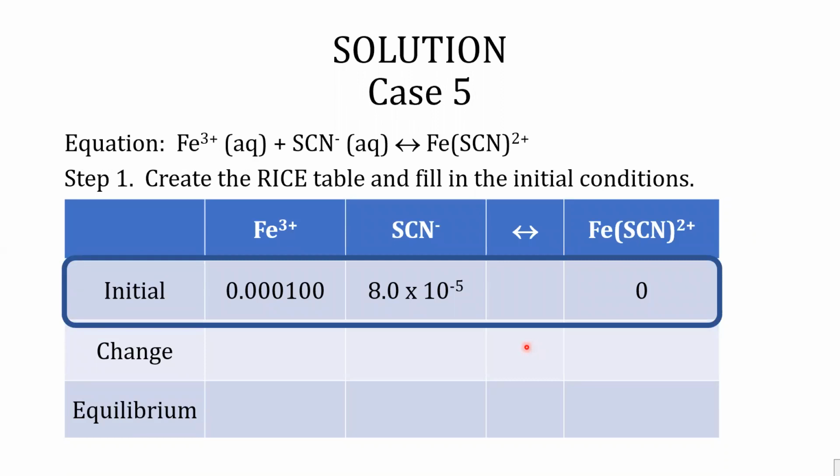Step 1 is to create the ICE table and fill in the initial conditions. The initial concentrations of Fe3+ and SCN- are 0.000100 molar and 8 times 10^-5 molar respectively. The initial concentration of FeSCN2+ is 0.